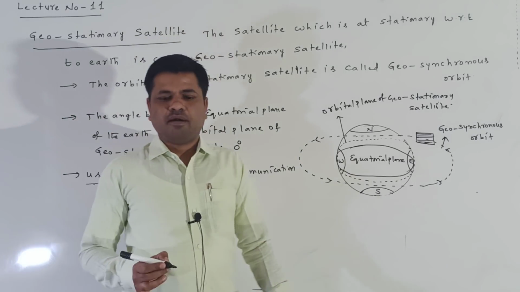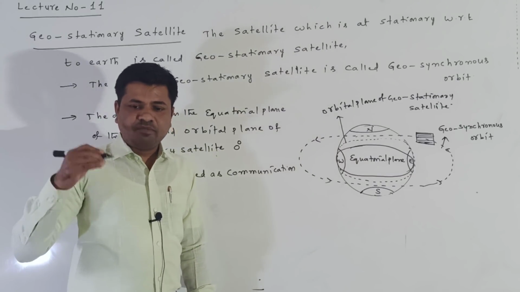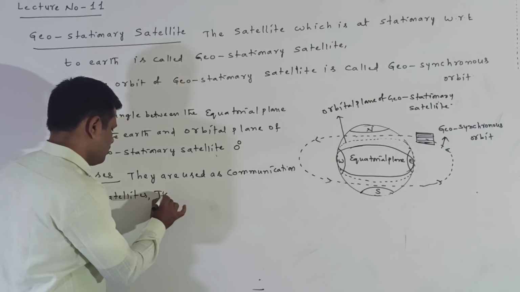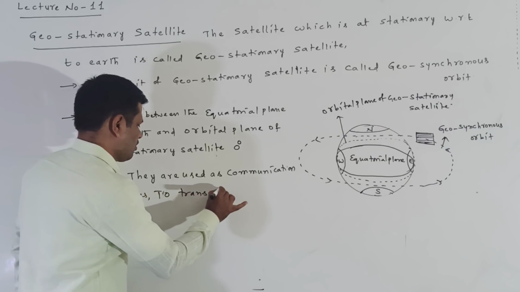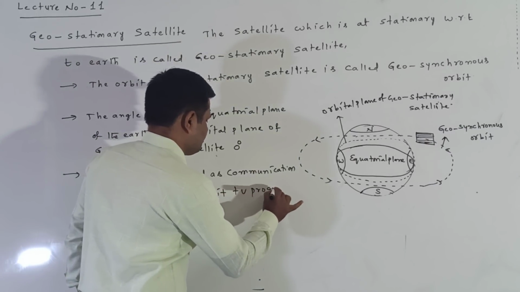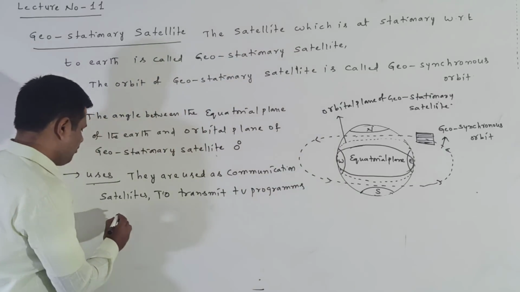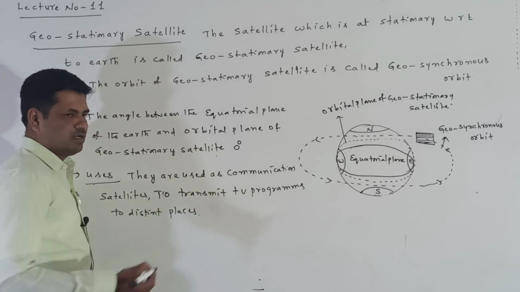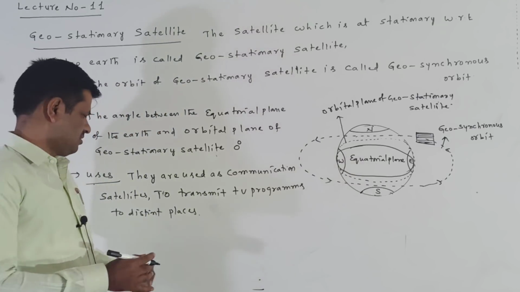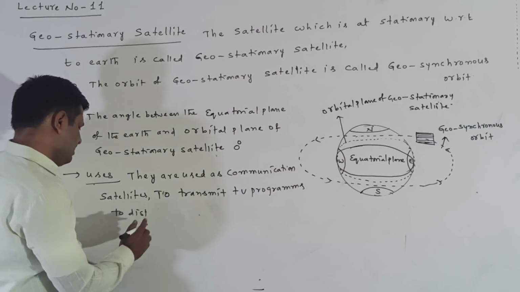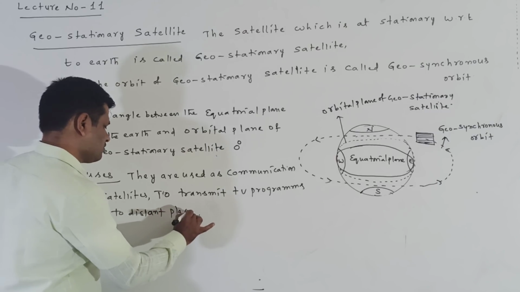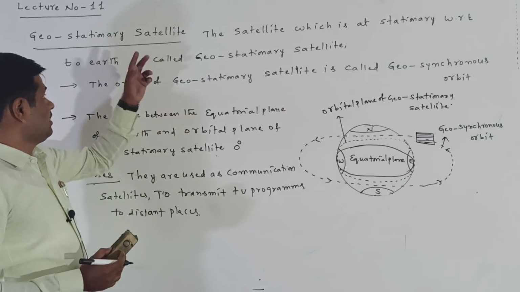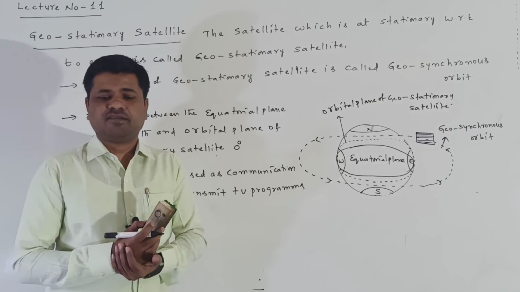They are used as communication satellites to transmit TV programs to distant places. Distant places means we send the TV programs to longer distances using the help of the geostationary satellite.